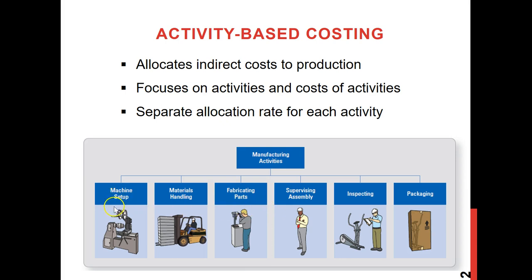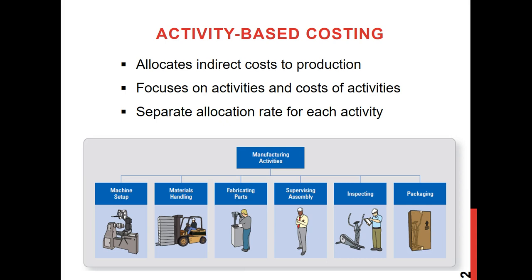They need to do machine setup, material handling, fabricating parts, supervising assembly, inspection, packaging. Now, we can classify the production line based on different activities, and we can calculate a more specific overhead rate for each and every activity. And that is the main idea of activity-based costing.